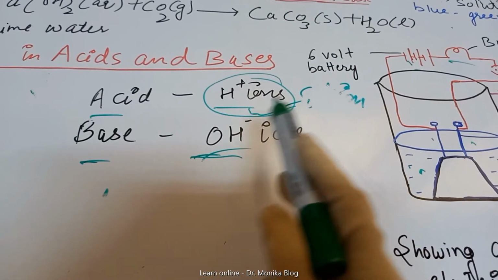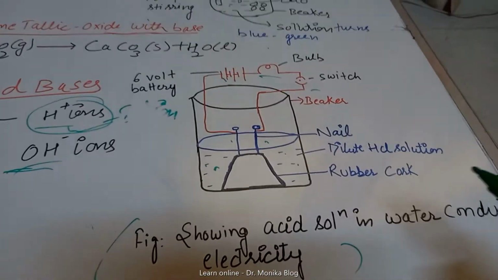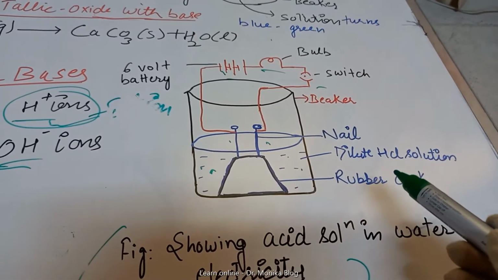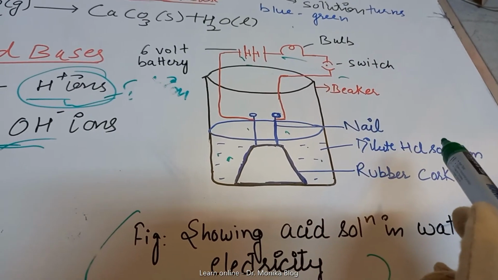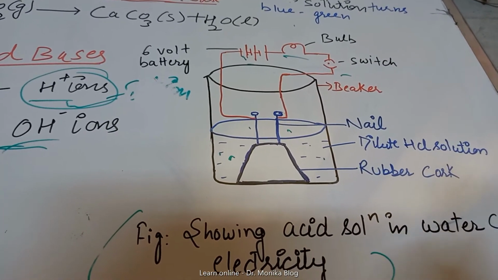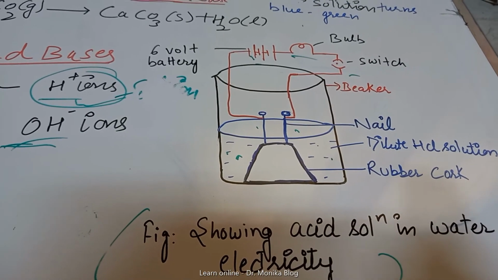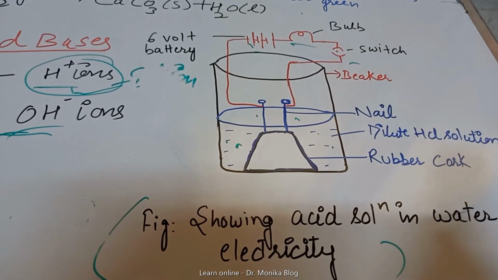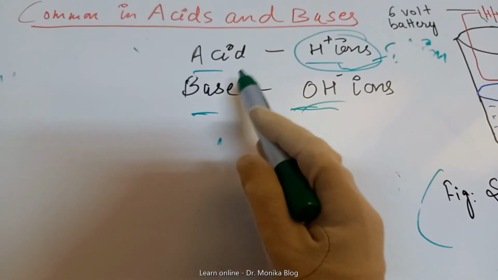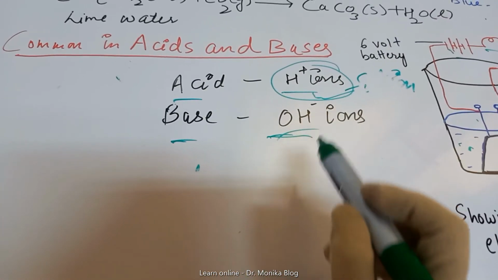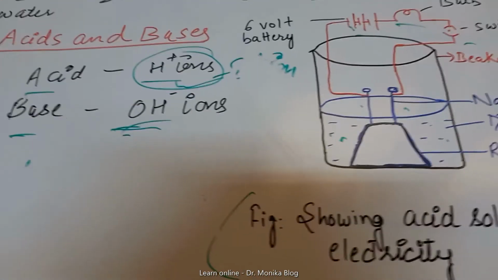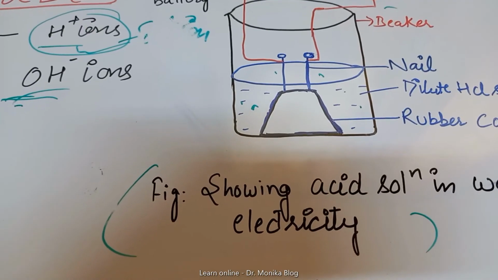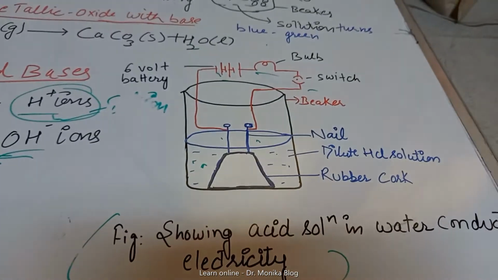Like this, you can take any base and repeat the same experiment to check whether the base also conducts electricity. So what is common in acids and bases? Acid gives hydrogen ions, that is cations, positively charged ions, and base gives hydroxyl ions, and they both conduct electricity in the solution.